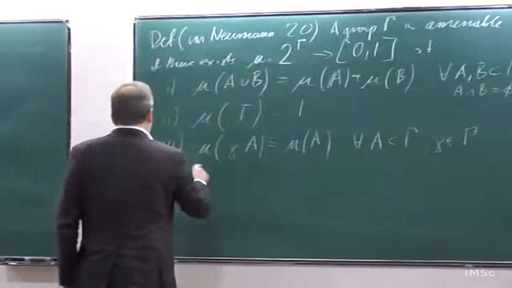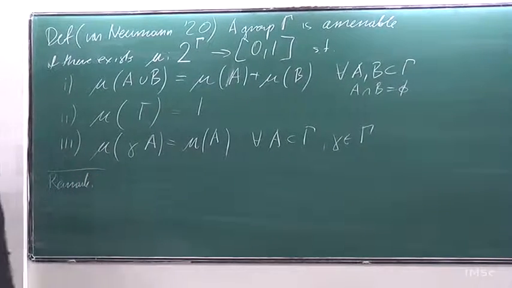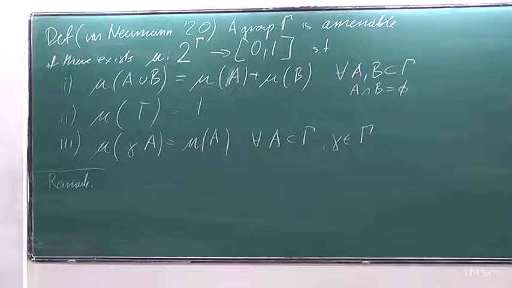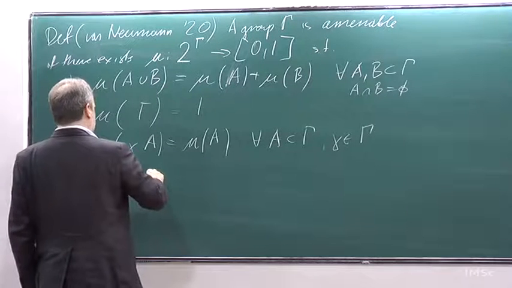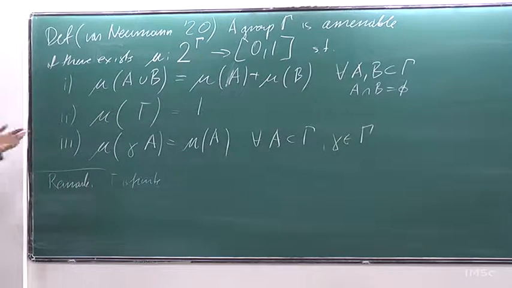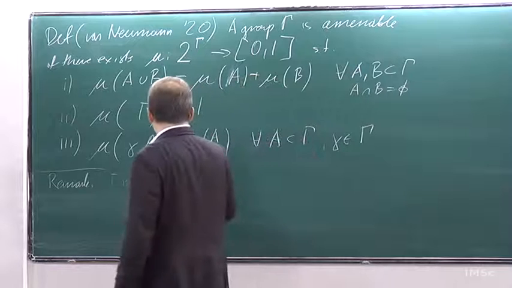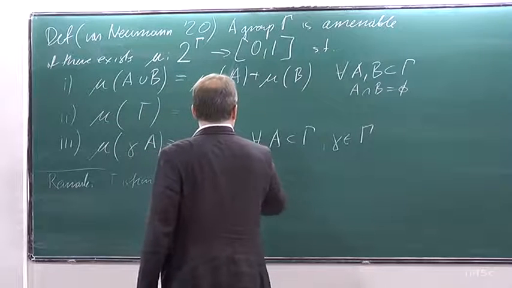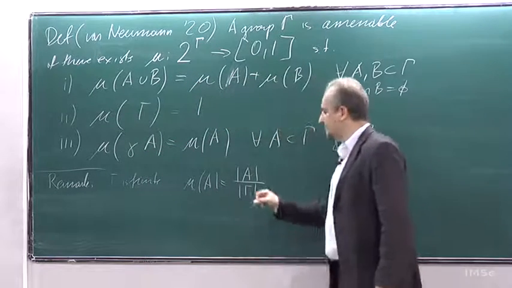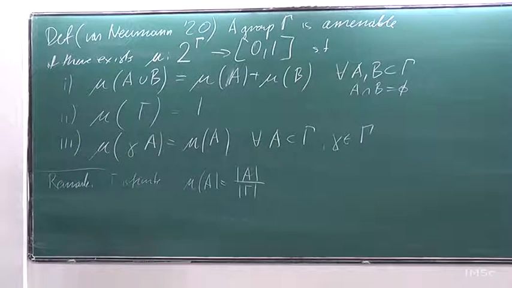Maybe an obvious remark is that in the case of finite groups, it's not so interesting. If gamma is finite, it's easy to see that mu is necessarily the normalized size of the subset A, so that mu of A is the size of the subset divided by the cardinality of the group. We will see that interesting things happen for infinite groups.